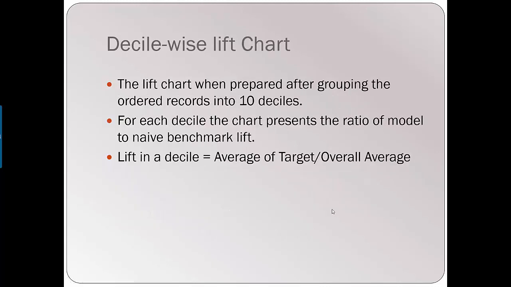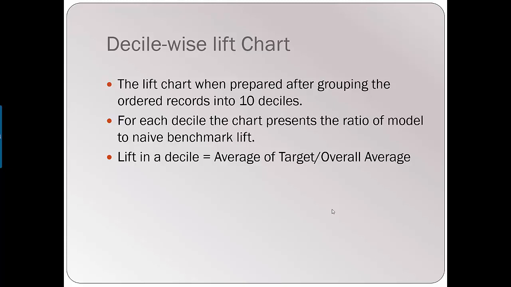When we talk about lift charts, there is a second variety that we can prepare. The first one that we saw ordered the y values in descending order of y hat and then found a cumulative value going from the first observation all the way to the last.